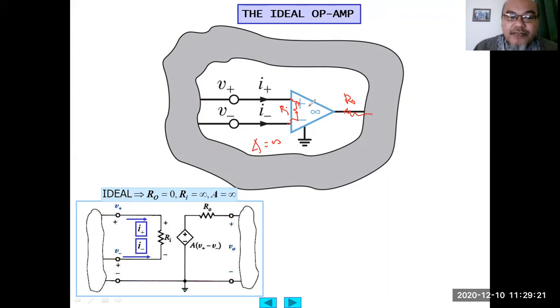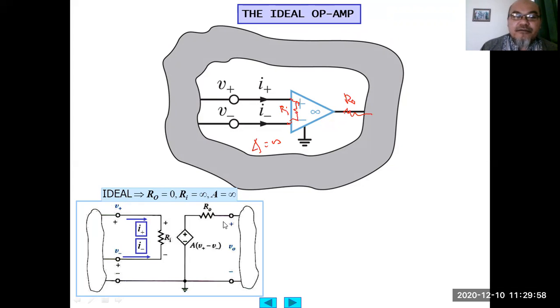What happens if it is infinity in an ideal op-amp? Ri is infinity, there's I plus and I minus, and the gain A is amplifying, or multiplied to, the difference, because the voltage across this Ri will be equal to V plus minus V minus. So the output voltage will be A times V plus minus V minus.